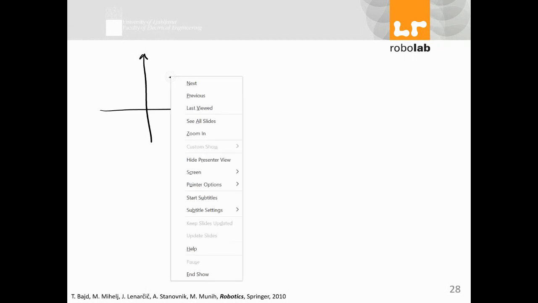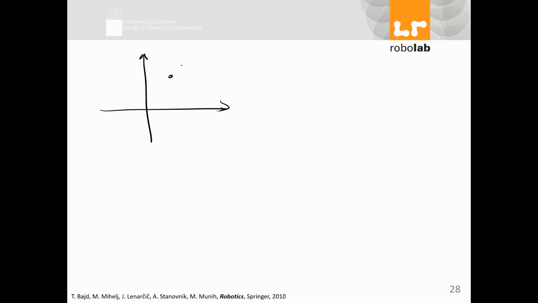If I have a point like P located at XP and YP, if I move that point, or if I move this coordination system, this movement is relative. You can talk about both, okay?